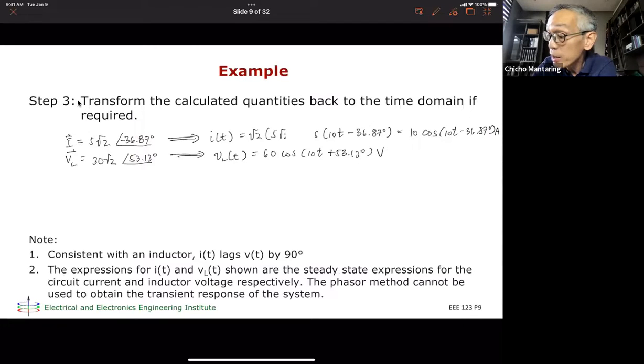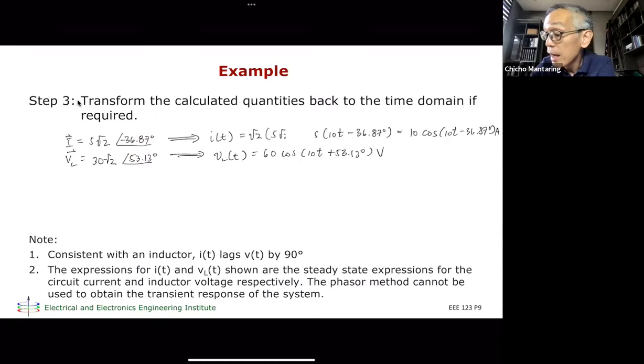Now these expressions: i_s(t) equal to 10 cosine(10t minus 36.87 degrees), and the inductor voltage 60 cosine(10t plus 53.13 degrees). These expressions are steady state expressions for the circuit current and inductor voltage respectively. We cannot use the phasor method to determine the transient response, kasi kapag itong circuit na to binuo natin, hindi agad-agad lalabas tong mga currents at saka voltages na to.